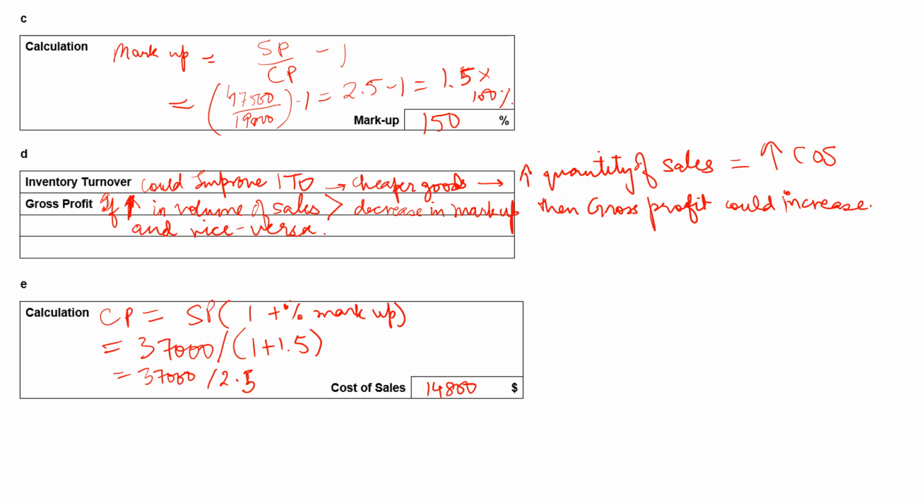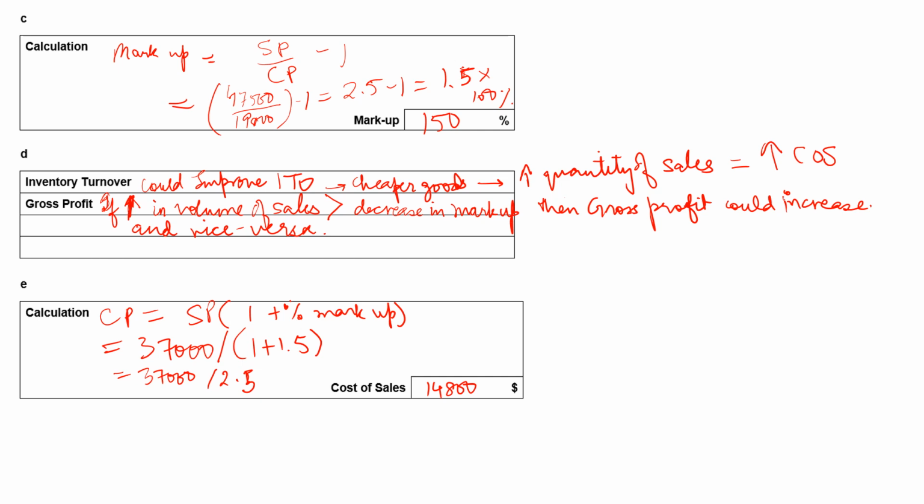So we've got the 47,500, then the 19,000, which is the cost of sales, and then the minus 1. Once we do the calculation, it brings us to 1.5 at the end, and to get it into a markup format, we multiply it by 100, and that gives us 150%.